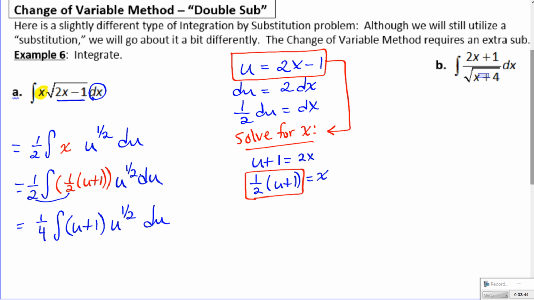That looks like we should distribute, doesn't it? Let's make this into a polynomial because integrating a polynomial is very easy. Oops, don't integrate yet, Cindy. u to the first, u to the 3/2 makes, or 1/2 makes 3/2. Add those exponents. Plus a u to the 1/2. And then it gets multiplied by du.